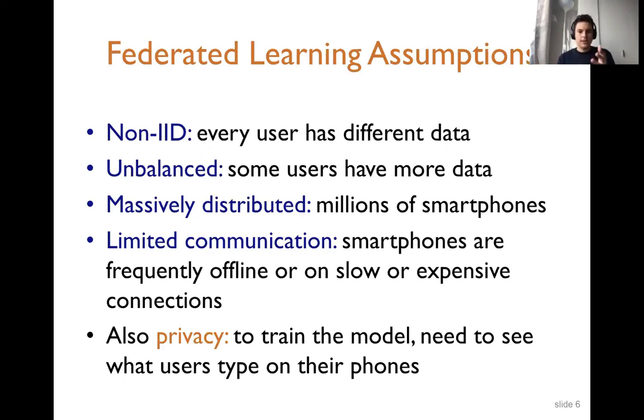Similarly, some users might have more or less data, which is also a huge assumption, since in many cases smartphones cannot store a lot of data. Some smartphones can, and so on.